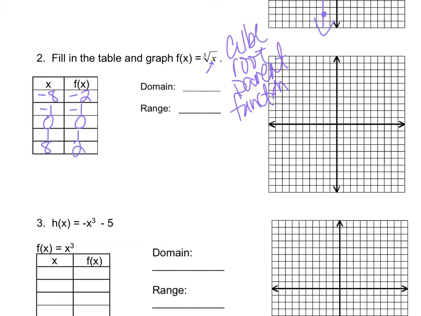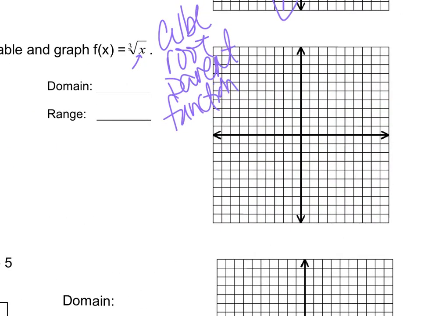Okay, so now let's go ahead and plot those points to see what the cube root parent function cube root of x looks like. So we have -8, -2, -1, -1, 0, 0, 1, 1, and 8, 2. So same thing as the last one, we could always keep plotting more points.